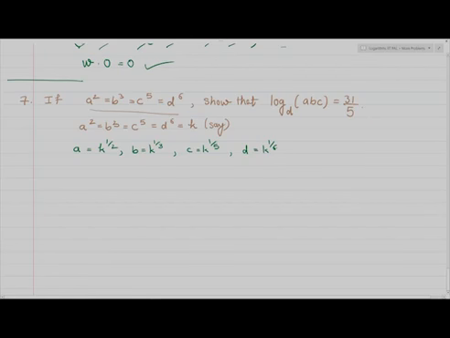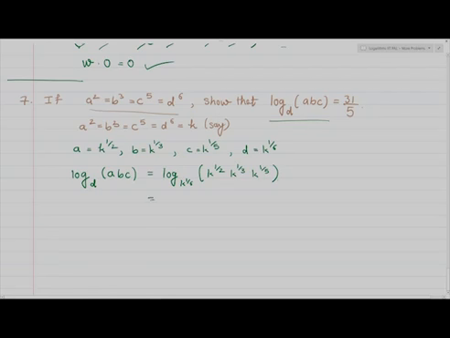Okay. So once I have this transformation, I will substitute all the values into the left hand side of the expression to show. Let me write first the expression: log to the base d of abc will be equal to log to the base k raised to 1 by 6, where a is k raised to half, b is k raised to 1 by 3, and c is k raised to 1 by 5.